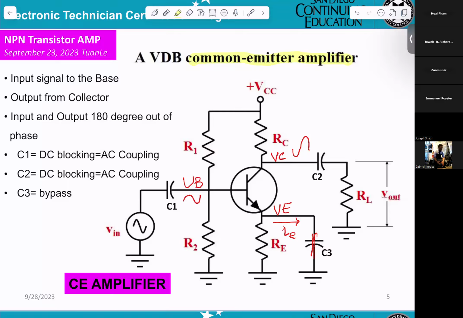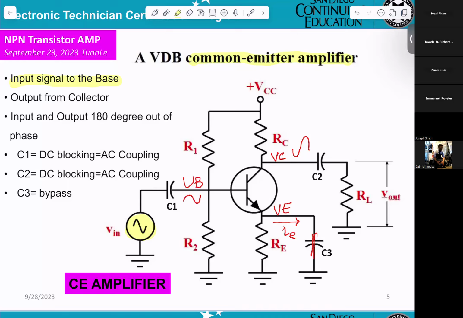When you're looking into the amplifier, basically you have to recognize whether it is common emitter, collector, or base, based on what happens here. First thing, this is the input signal. Okay? So, input signal to the base.